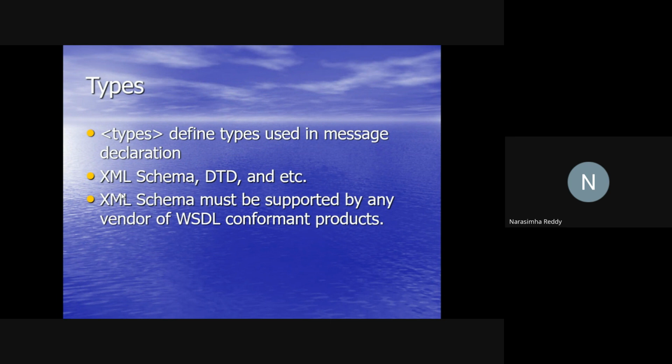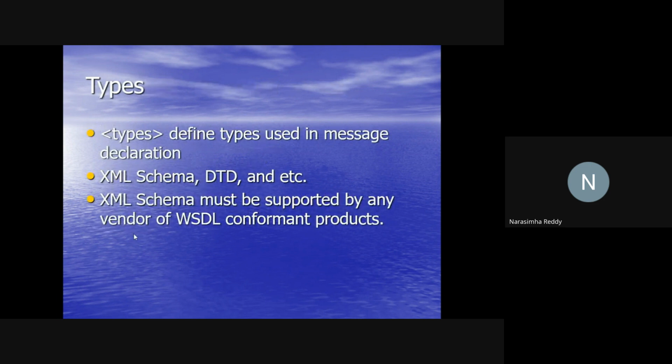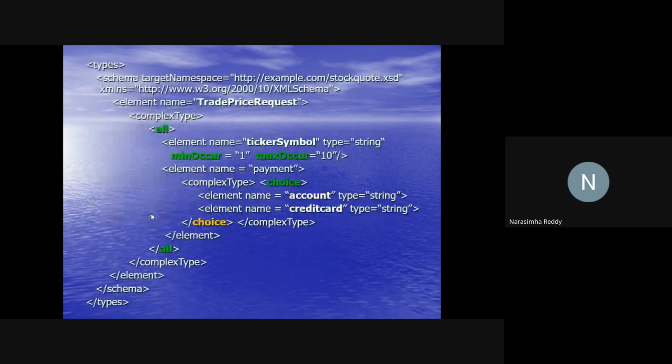Now, types, I think I talked about that. XSD schema type, the first one: XSD or XML schema types. Examples you can see, DTD, whatever. And this is a simple example, guys, of how WSDL will look. I'll talk about a real example of how we can make use of a real WSDL file to get data or post data from the cloud.